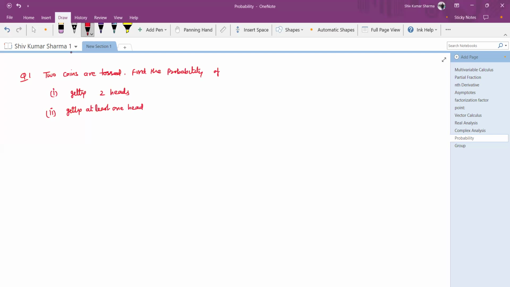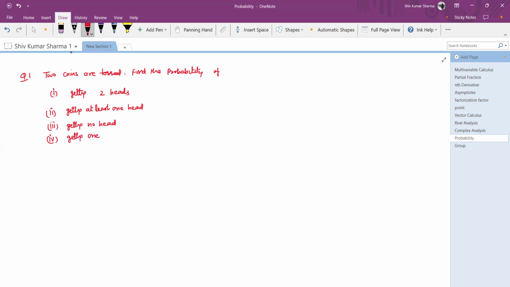Getting at least one head मतलब कम से कम एक हेड होना चाहिए और मैक्सिमम पॉसिबल जितने भी सैंपल स्पेस में. Third is getting no head. And fourth is getting one head and one tail.